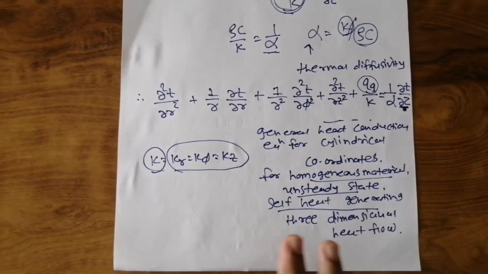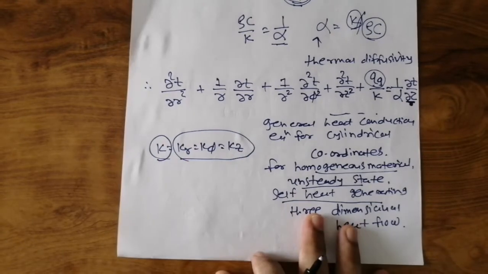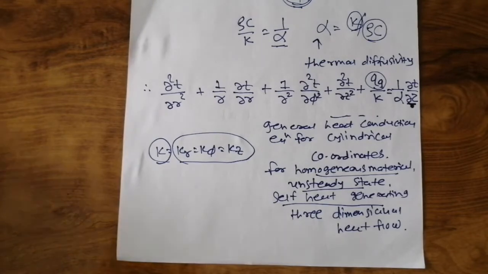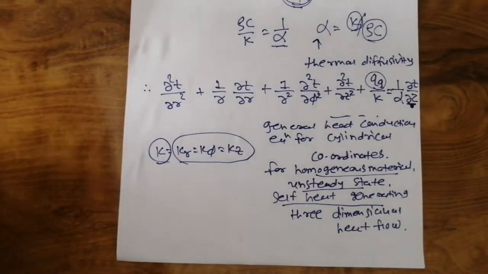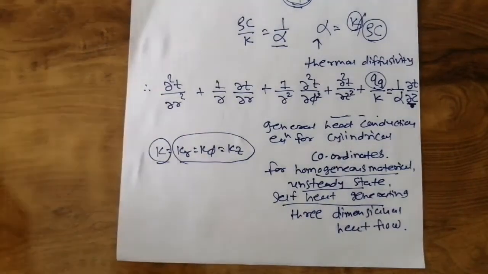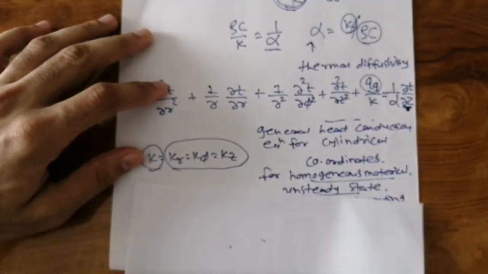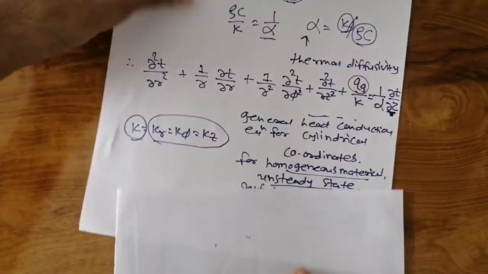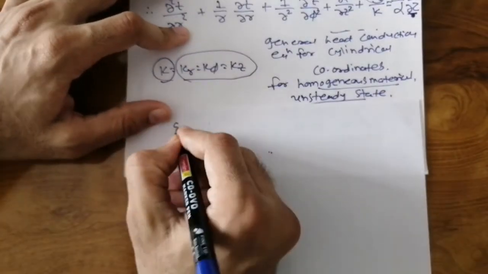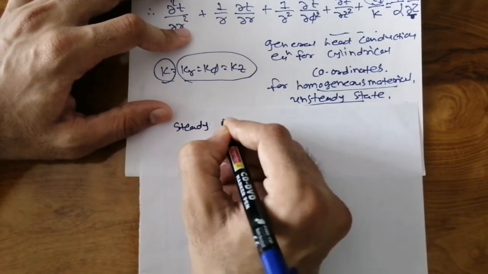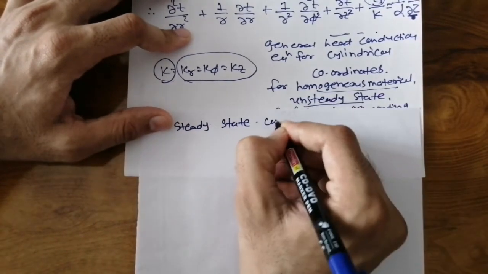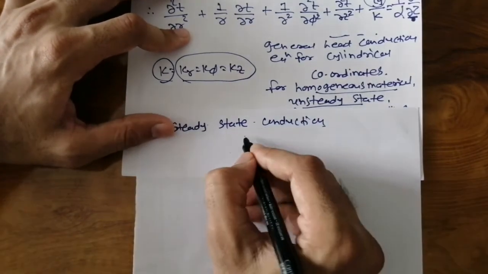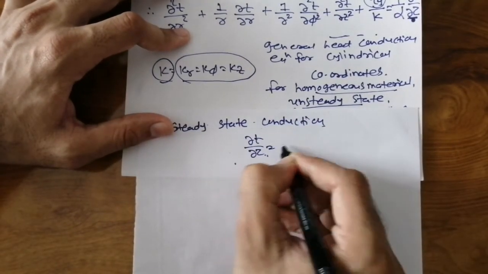Now suppose that the equation is reduced. First condition: we have derived this for the unsteady state, but if you consider steady state conduction, it means del T by del tau is equal to 0.